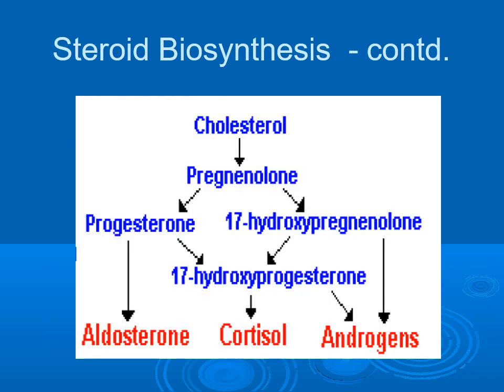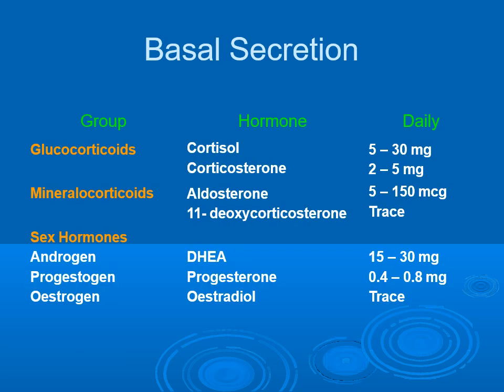In continuation of steroid biosynthesis, in this figure you can see synthesis of aldosterone, cortisol and androgens. In this slide you can see basal secretion of glucocorticoids, mineralocorticoids and sex hormones.